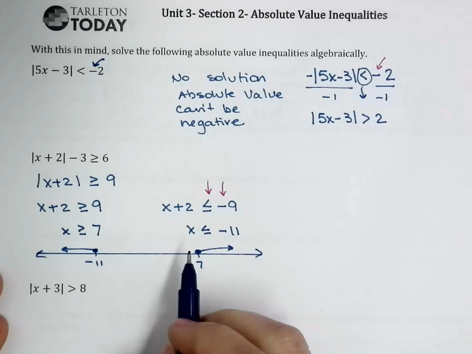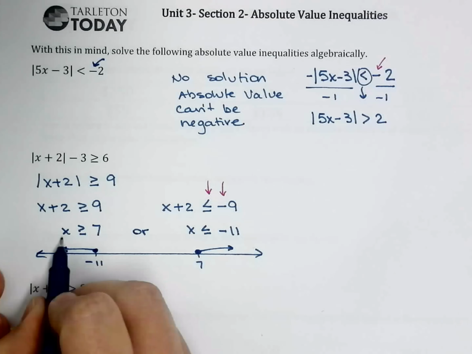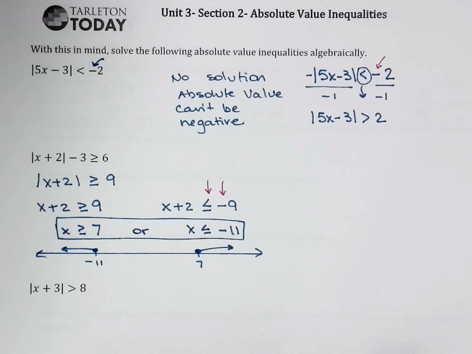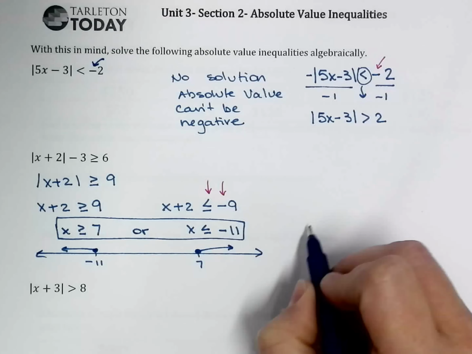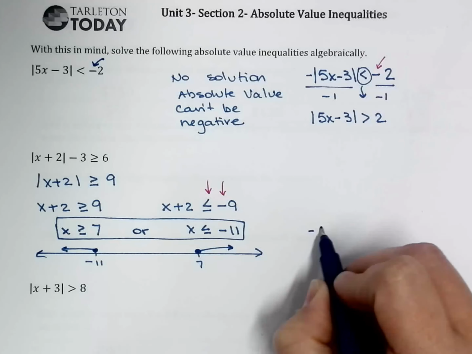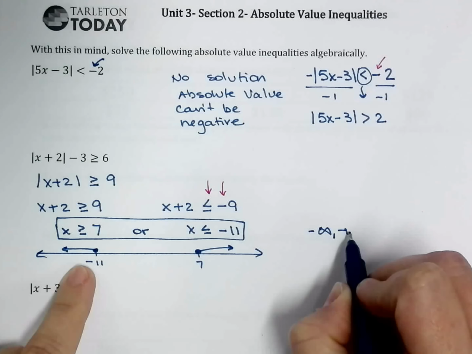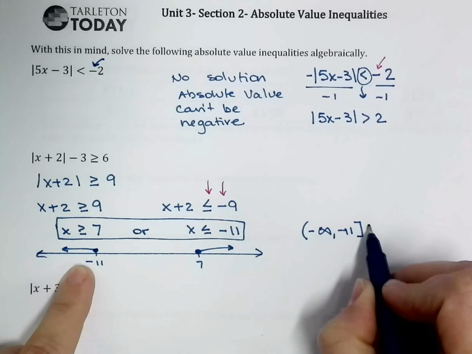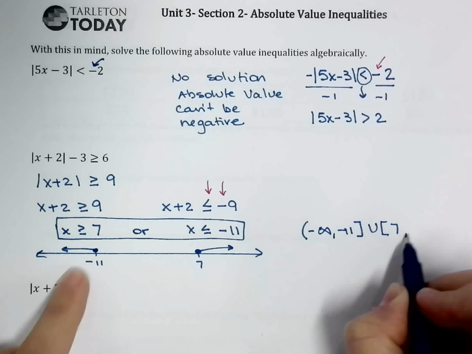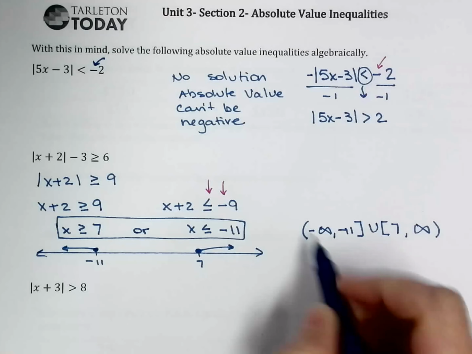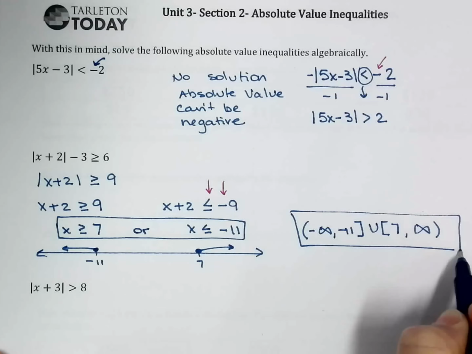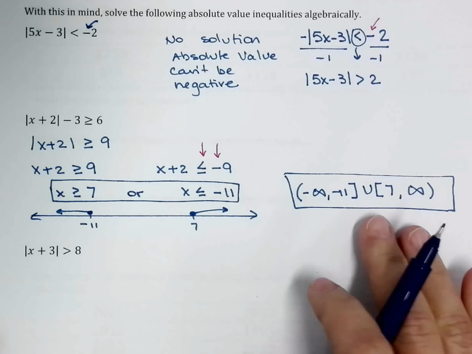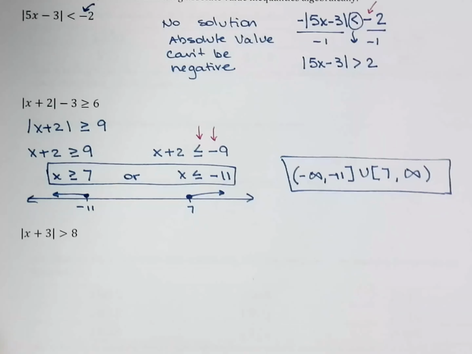This is the answer as an inequality. But if you want to write your answer as interval notation, I have -infinity to -11, inclusive, and 7 toward positive infinity, exclusive. So here you have your 2 separate answers: inequality form and interval notation.